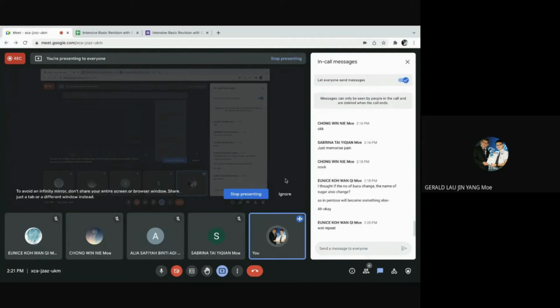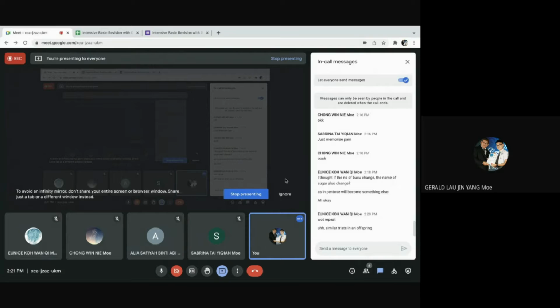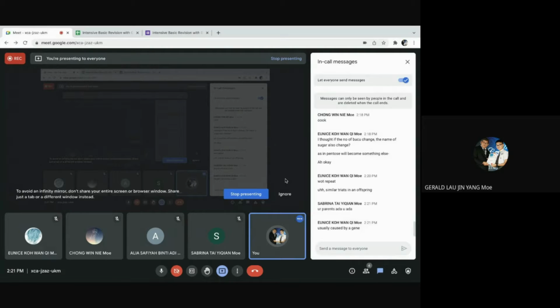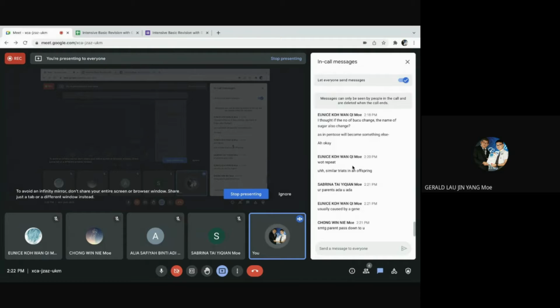What do you understand of inheritance when you hear this word? Similar traits in offspring. Parents have it, you have it. Yeah, that's more like it. So basically inheritance is what your parents pass down to the offspring.